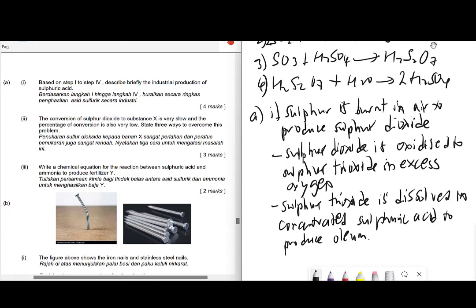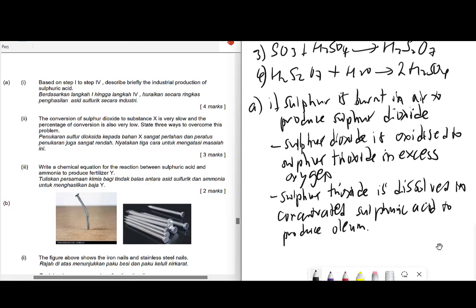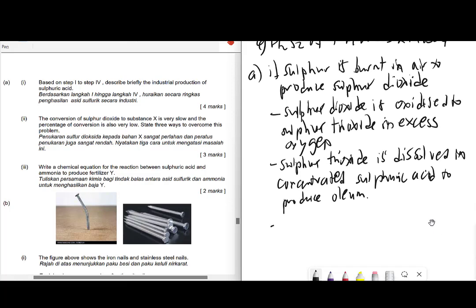Okay, so now we end this step. The last step will be your step 4. Step 4, as you can see here, is the oleum converting to sulfuric acid.